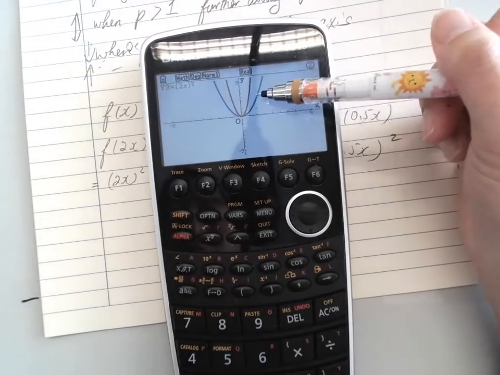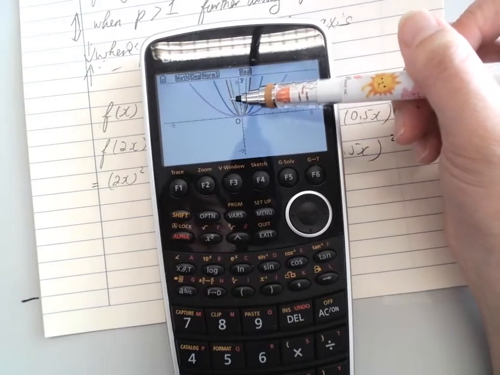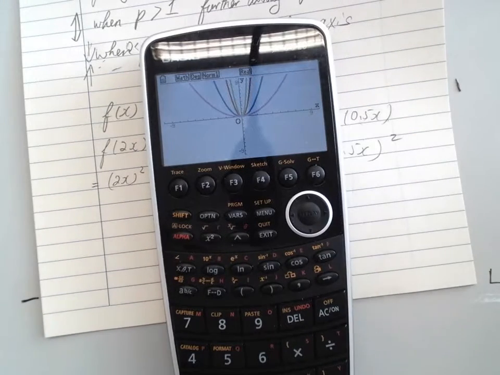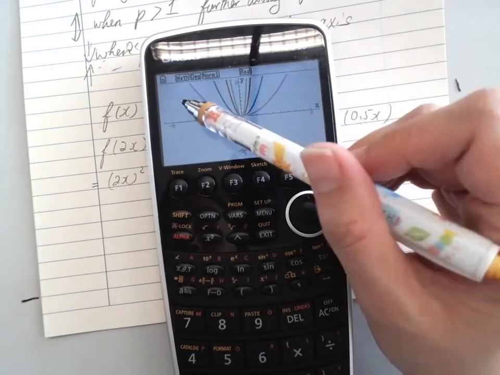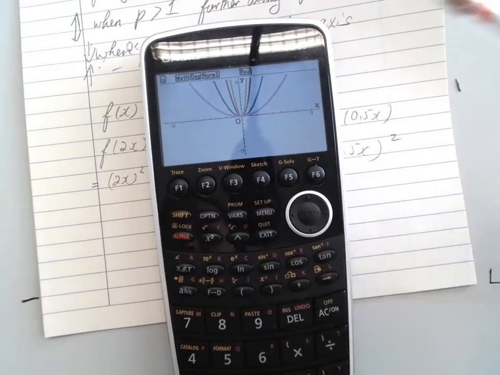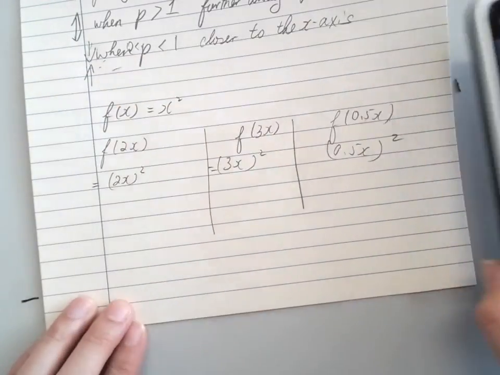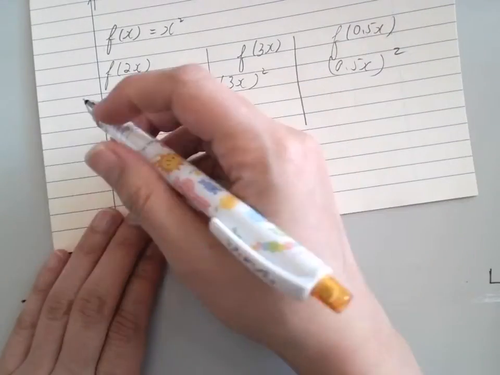You can see that the bigger the number we multiply it by, the more it is squashed horizontally by the factor of it. The bigger the number is, the more we squash it, and the smaller the number is, the more we stretch it horizontally. So we can summarize it like this.